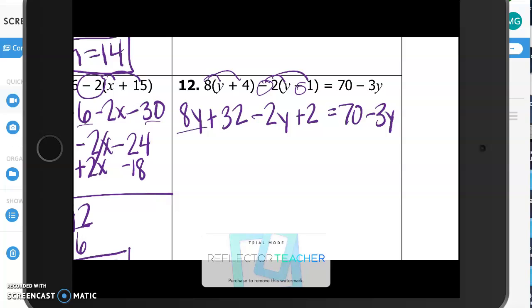So here we need to do 8y minus 2y to get 6y. The common thing people do is add the 2y to get 10y, but you don't do that because they're on the same side of the equal sign, so you just put them together. 32 plus 2 would be plus 34, is equal to 70 minus 3y.